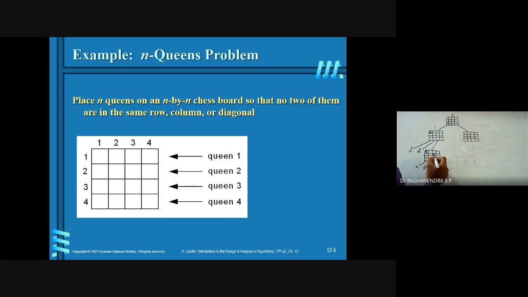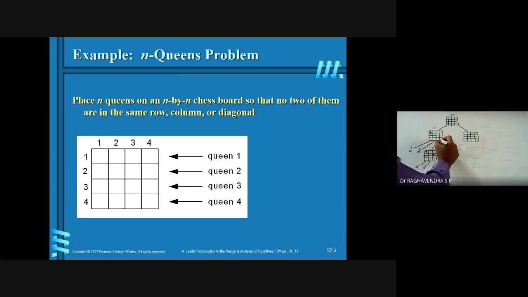I cannot insert here because of the same column. So the third is also not possible. Fourth: column-wise clash. Next, suppose I insert Q3 here. Certainly it is not possible, so the fourth is also not possible.